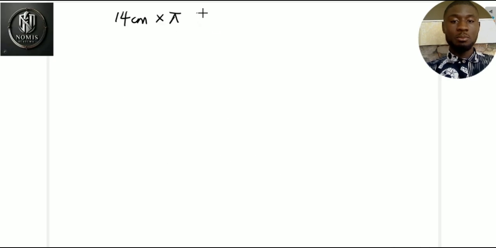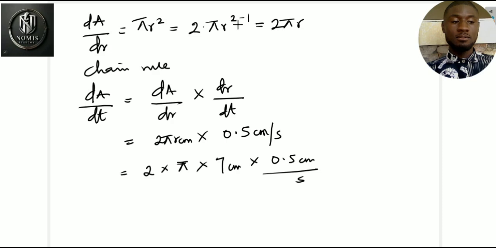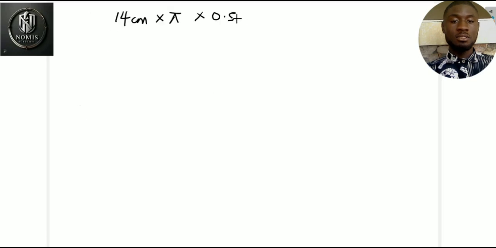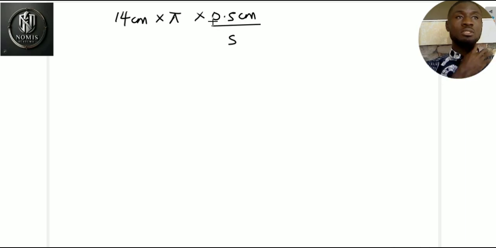Now multiply by 0.5 centimeter per second. If you multiply 14 by 0.5, 0.5 is just 1 over 2.